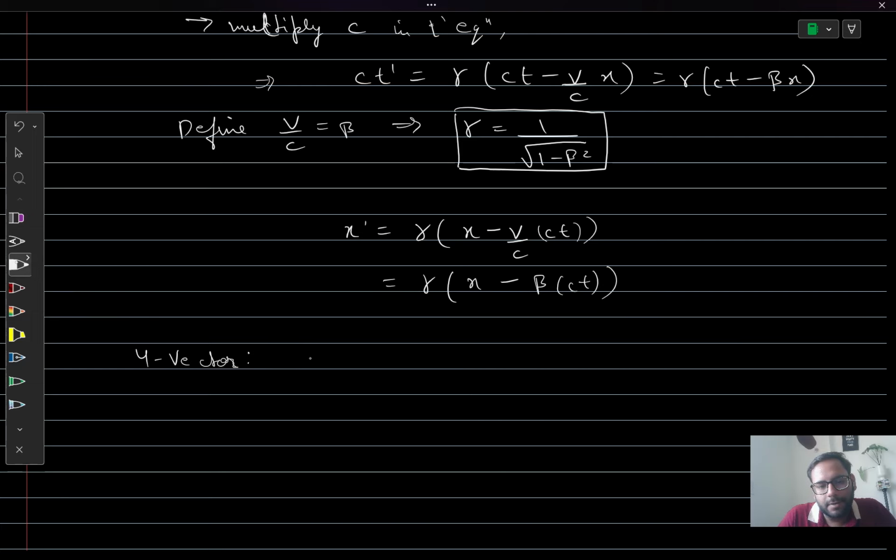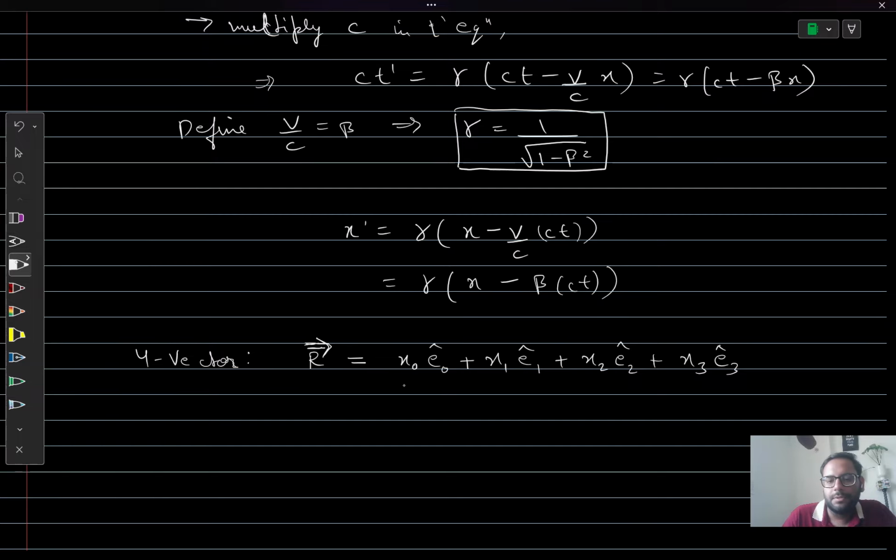We can define a 4-vector like this. I have introduced this notation before. This is my time coordinate, this is my first x coordinate, this is my y coordinate, and this is my z coordinate, suppose.